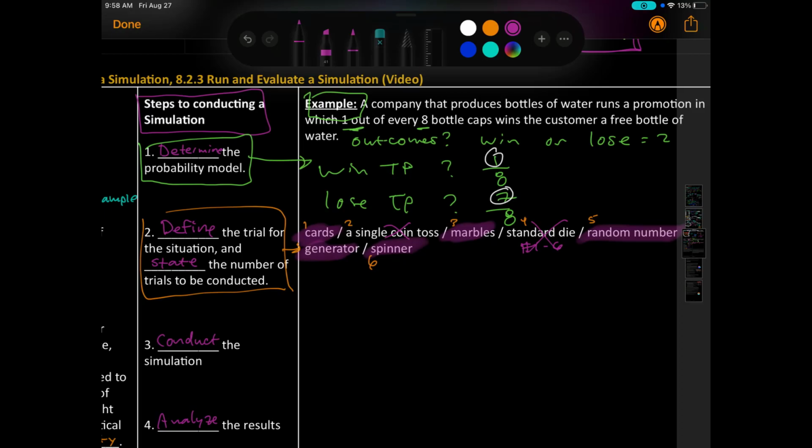Let's just write that. You could pick any one of these. I think the easiest one to pick would probably be something like cards. Have 8 cards. Write win on 1 card.